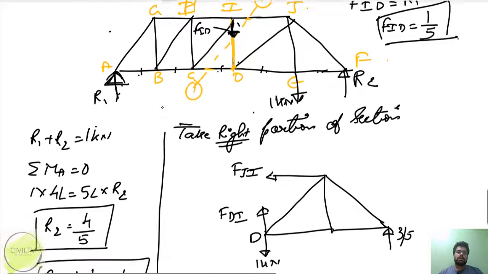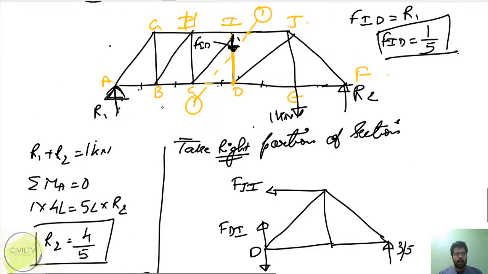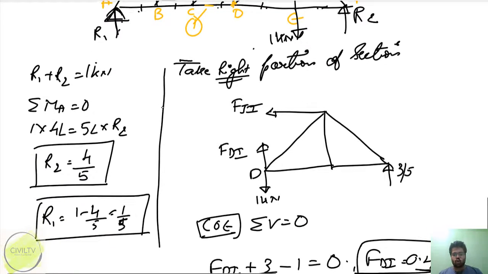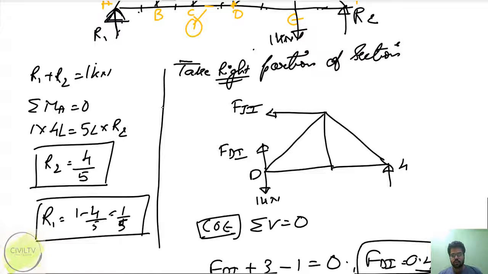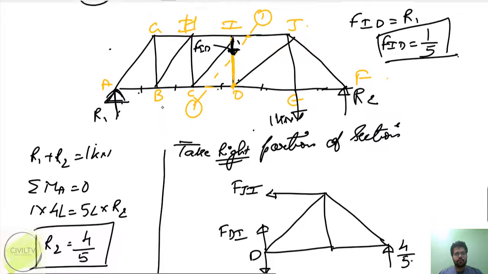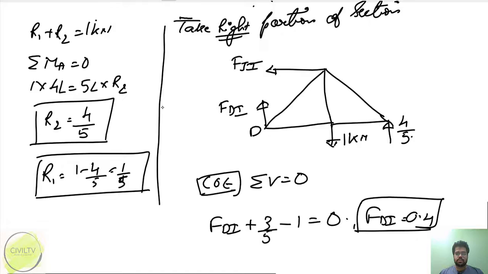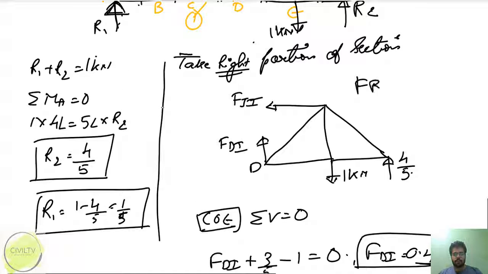Let's check with the right hand portion. When I apply it on the right hand portion, R2 comes out to be 4 by 5, and 1 kilonewton is on this joint. I will remake this free body diagram, FBD.